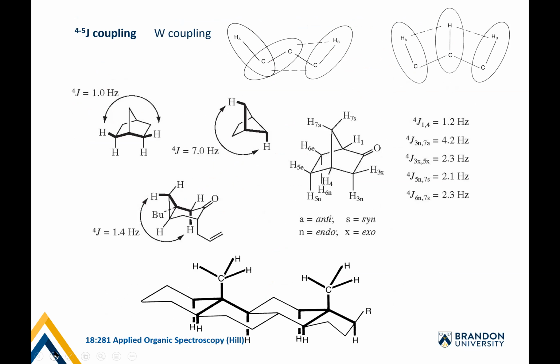W coupling tends to be, there's some which is actually quite large, but it's really interesting that it shows up when it looks like W's. And there's quite a few examples where there's long range coupling with W's.